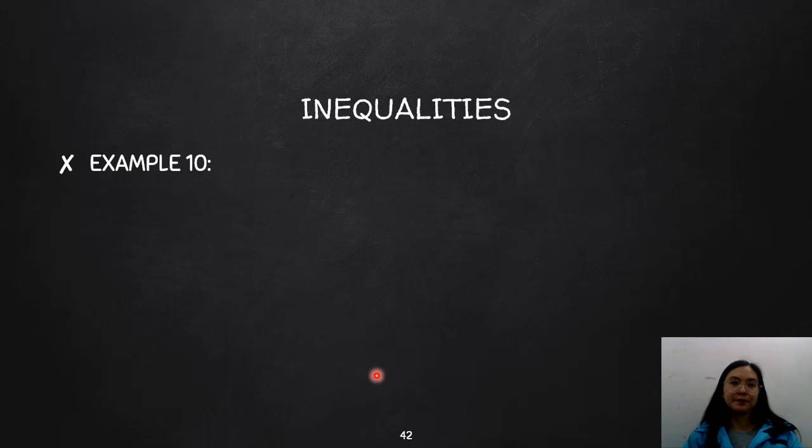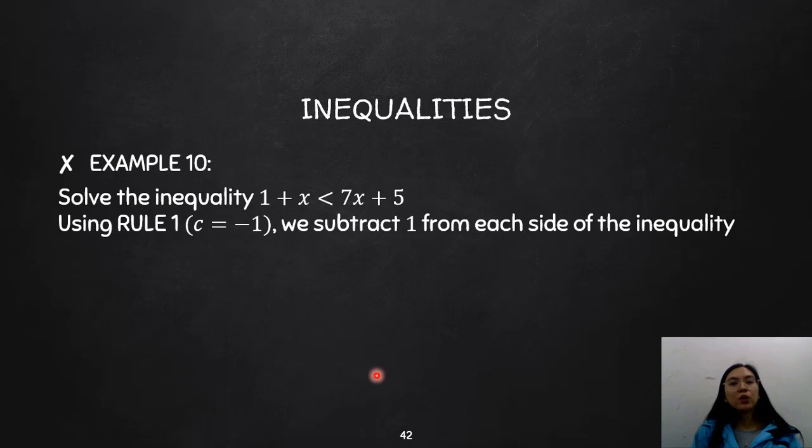So, example number 10. Solve the inequality 1 plus x is less than 7x plus 5. So, using rule number 1, di ba tanggalin muna natin si 1 dito para yung x lang yung may iwan sa kabilang side. So, paano natin tatanggalin? We set c equal to negative 1.